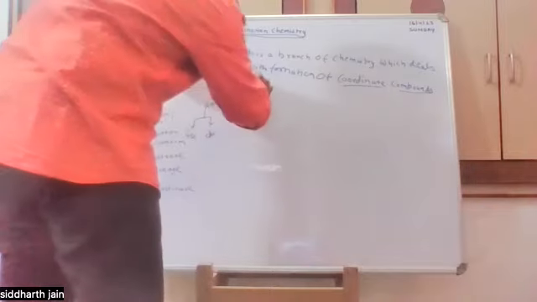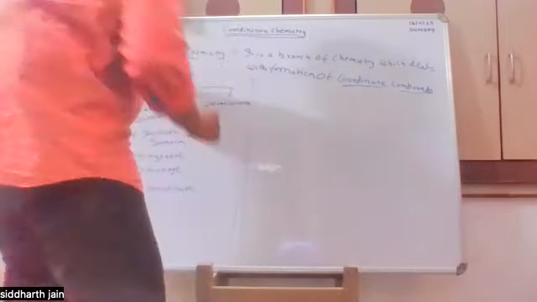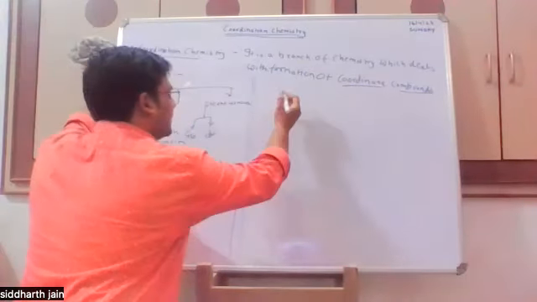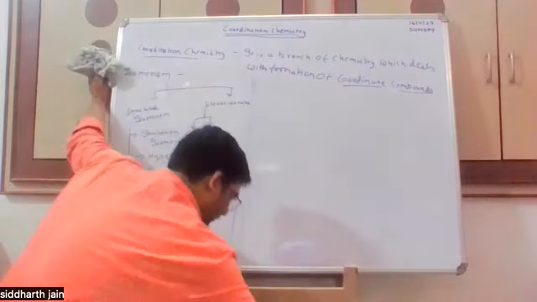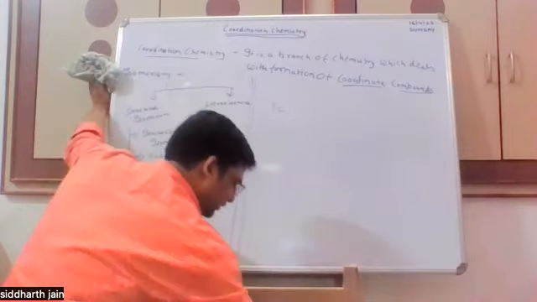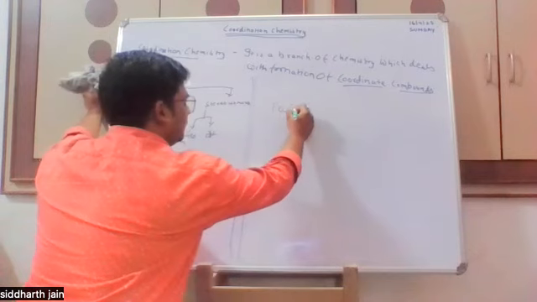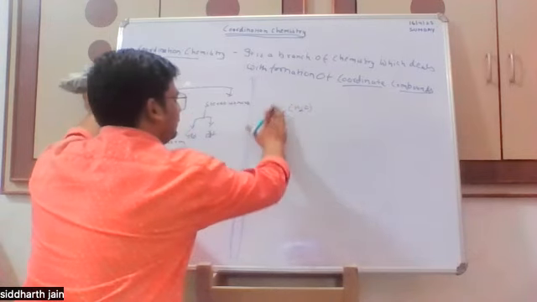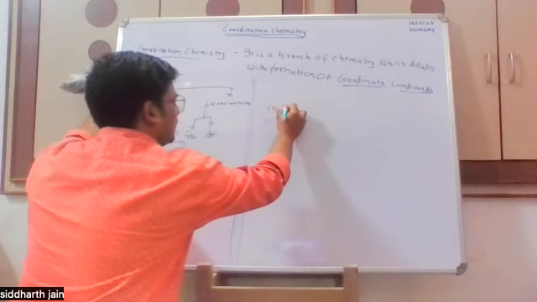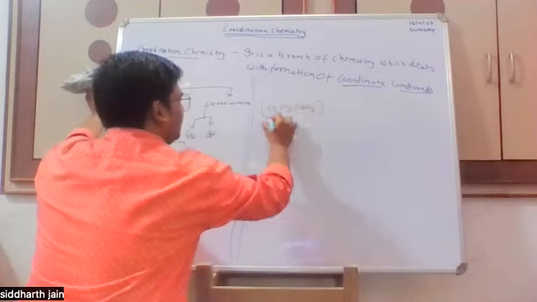So, if we look at the first isomerism, the first one is ionization isomerism. Let's take an example of this and understand it.